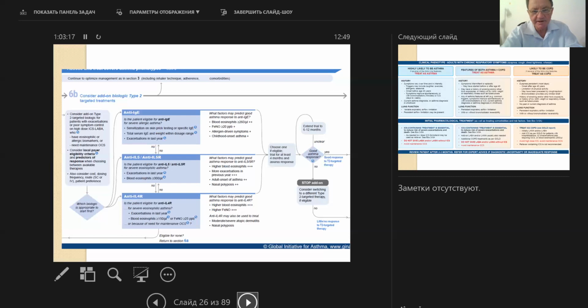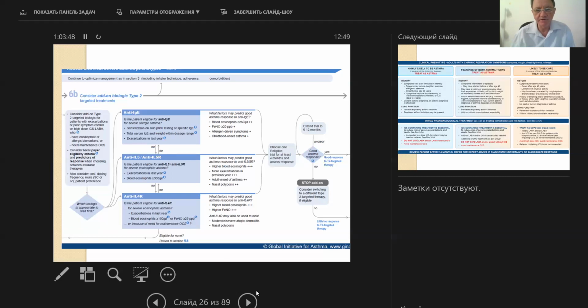This drug is called dupilumab. That's why biological therapy is now a new paradigm for treatment of severe uncontrolled asthma, and helps you reach good control in most patients with bronchial asthma.